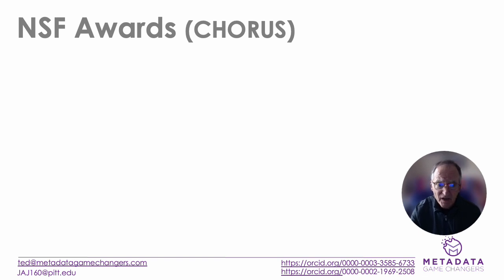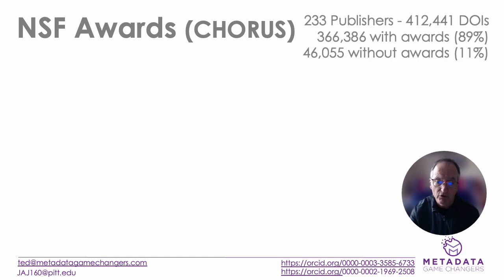So NSF awards, as I mentioned, Chorus provides data about NSF awards, and in the data that we looked at, there are about 233 publishers that have published a total of over 400,000 DOIs, primarily research journal articles that were funded by NSF. Just over 366,000 of those have awards, 89%, which is really great. But it does leave 46,000 without award metadata.